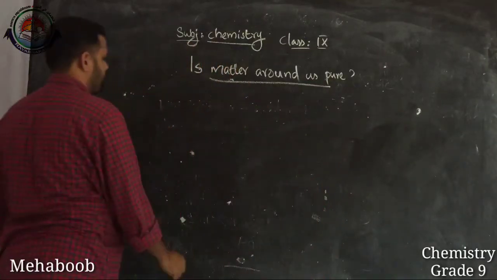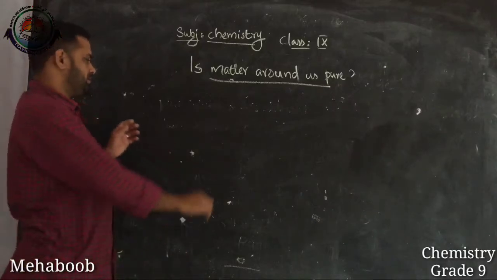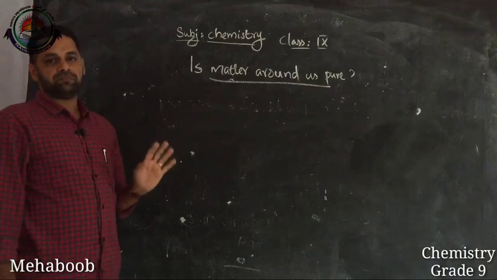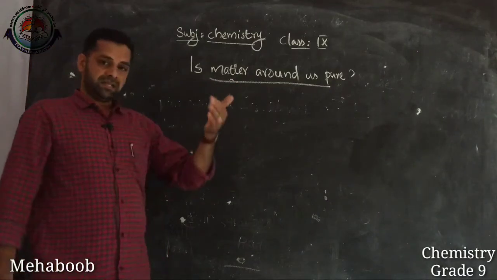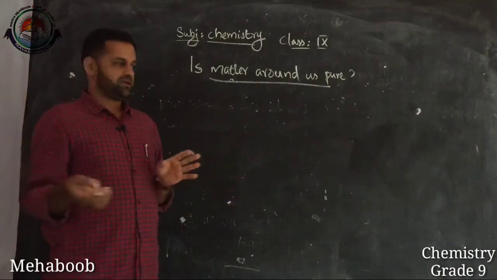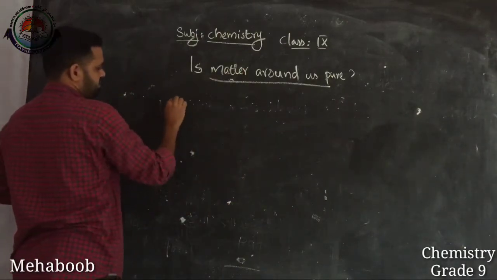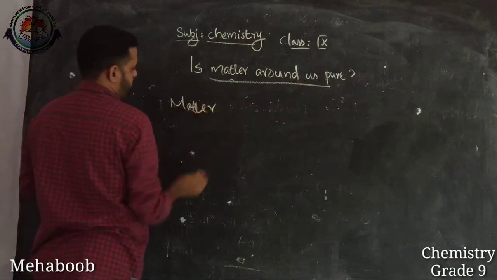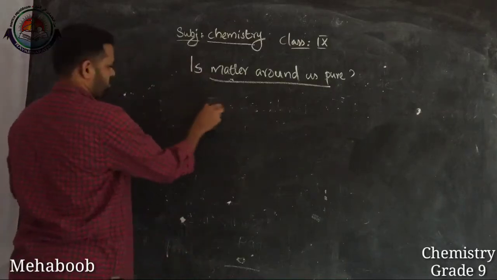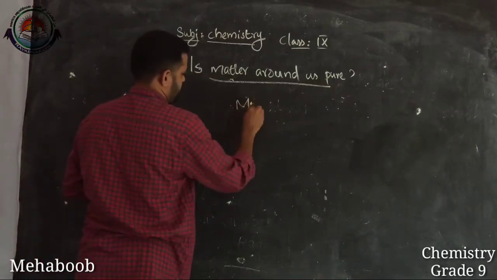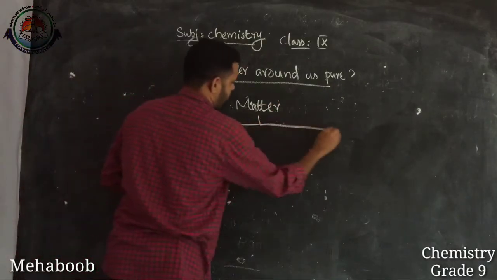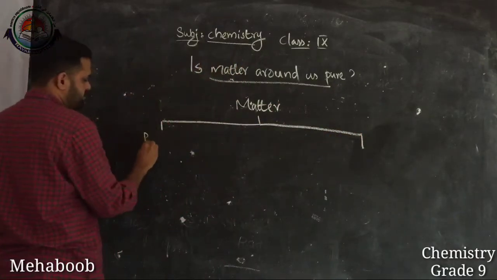Before that, we know that matter can be classified into pure and impure substances, and these can be further classified into different categories that we can represent like this. That is matter. Matter can be classified into pure substance and impure substance.